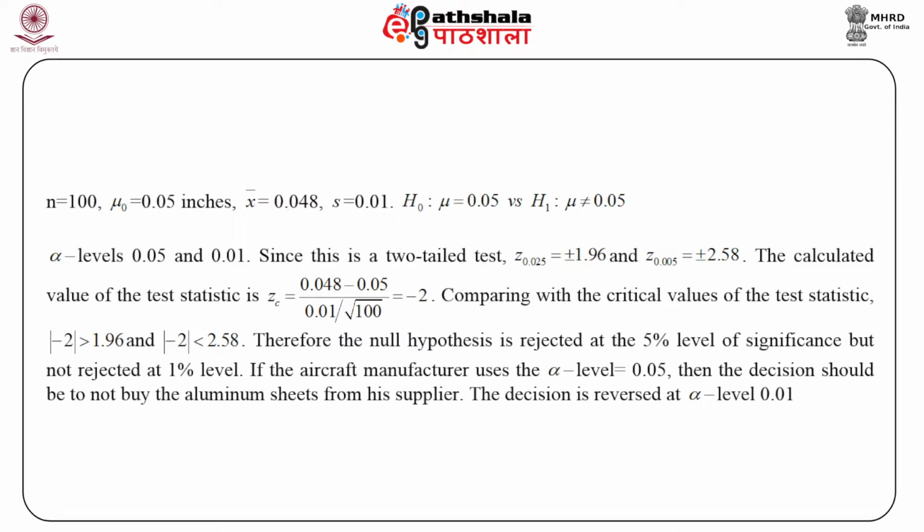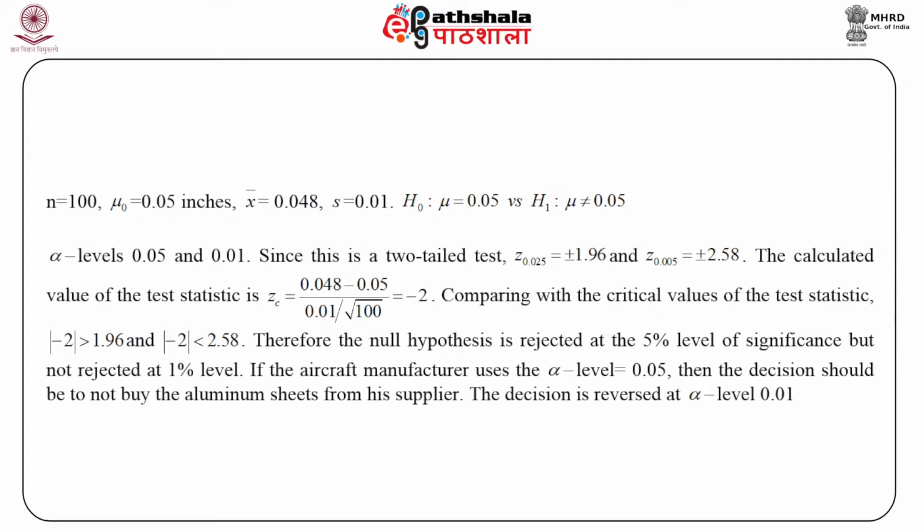Since this is a two-tailed test, the z value at 0.025 will be equal to plus minus 1.96. So this 0.025 is one tail area, and the total two-tail area is 5%. Similarly, z at 0.005 is equal to plus minus 2.58.